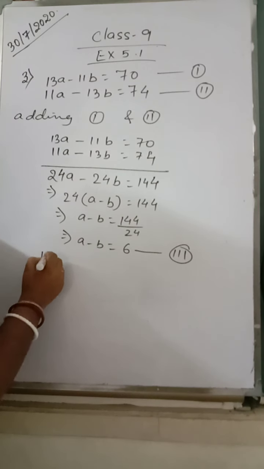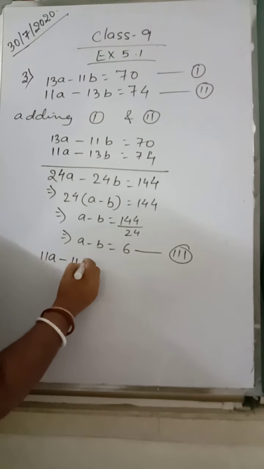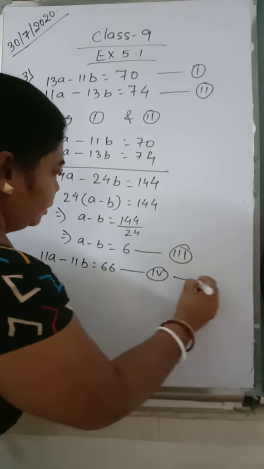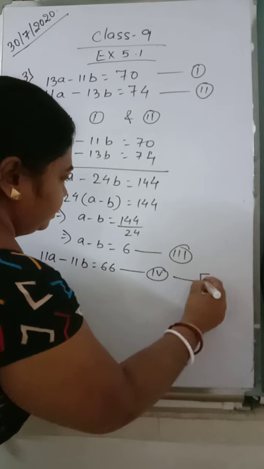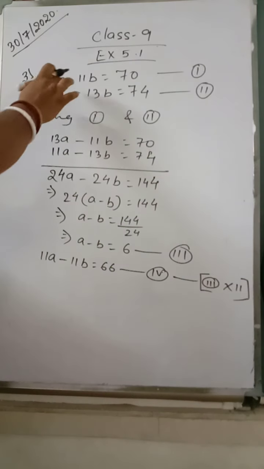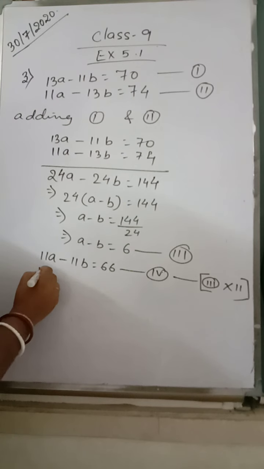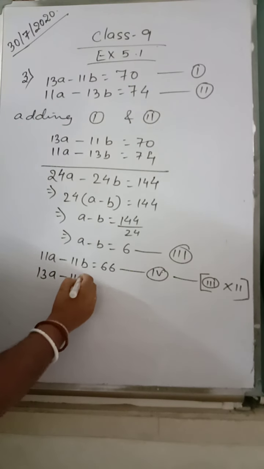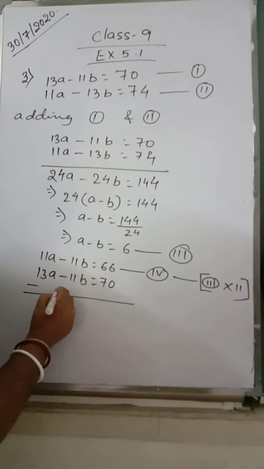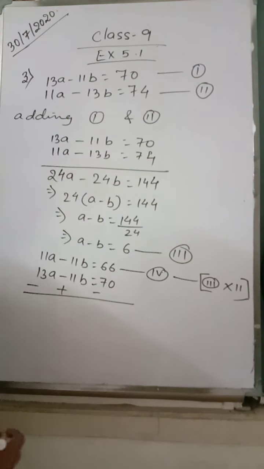So I can write 11a minus 11b is equal to 66. Equation number 4, how did we get? We got 3 into 11. Now from this, 13a minus 11b is equal to 70, and I am subtracting it, so the sign will get changed.